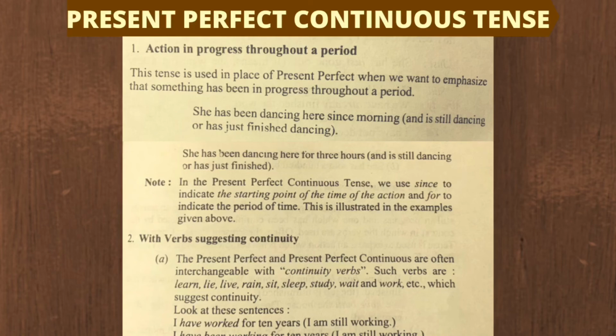I am still working. I have been working for 10 years. I am still working. So, the first sentence was present perfect tense and the second sentence was in present perfect continuous tense. So, both are interchangeable with continuity verbs, meaning both will be correct.